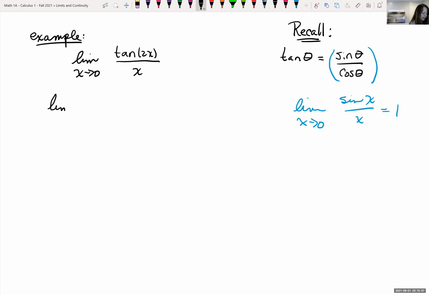So we have the limit as x goes to 0 of sine of 2x all over cosine of 2x, all divided by x.